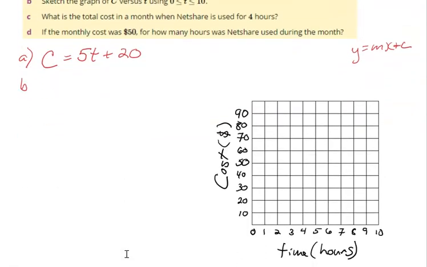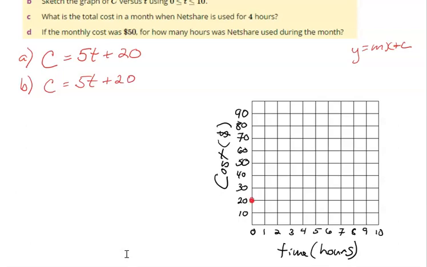So for B, we just need to work out where 2 points are, and we can connect those 2 points because it's a straight line, and anything in between is going to be true if we get this right. So if I know that our rule is C equals 5 times t plus 20, I should be able to substitute in. I'll tell you what, this is where it's going to be.